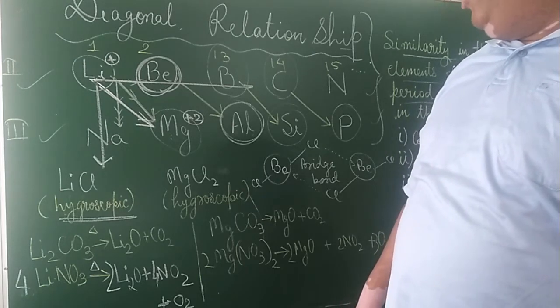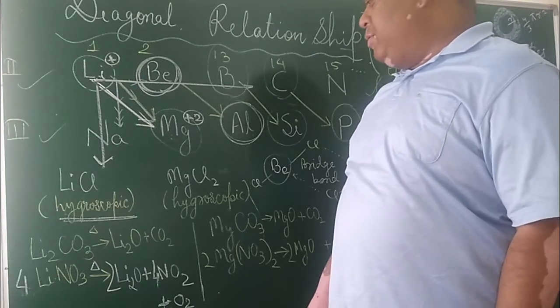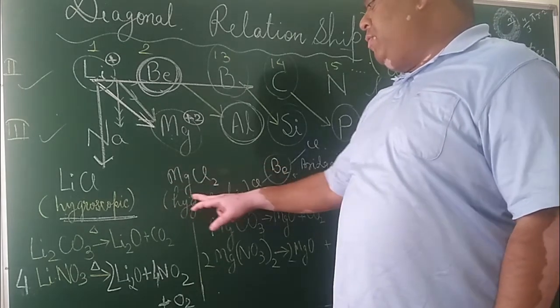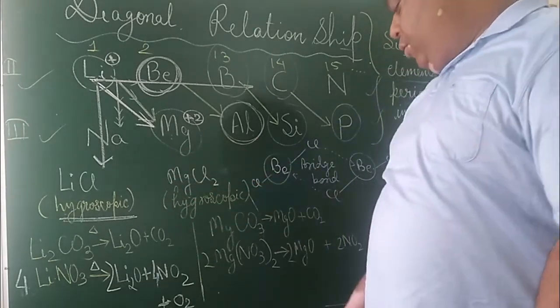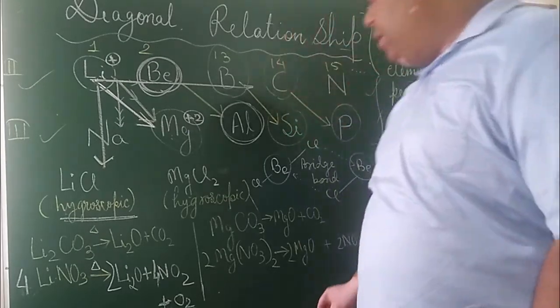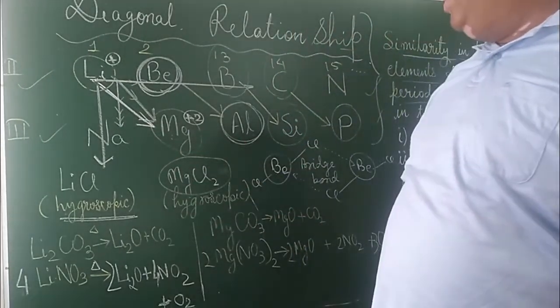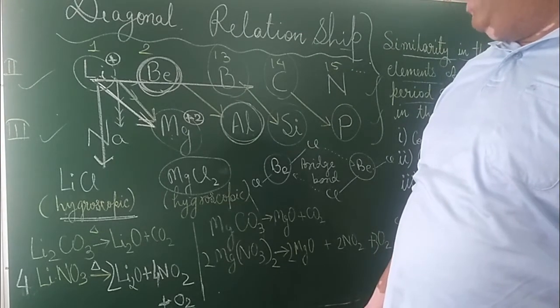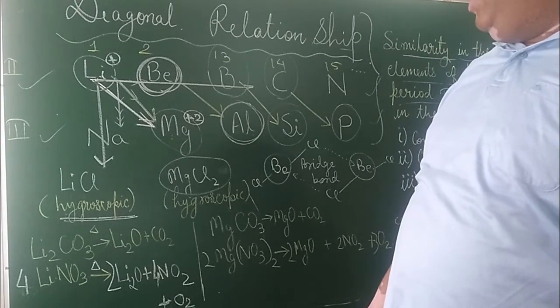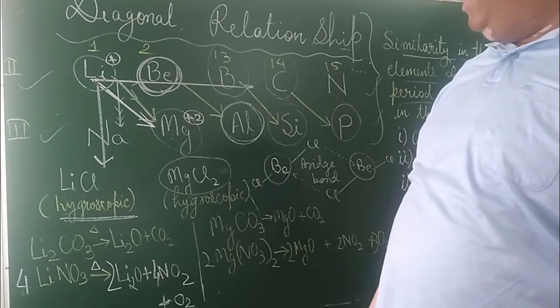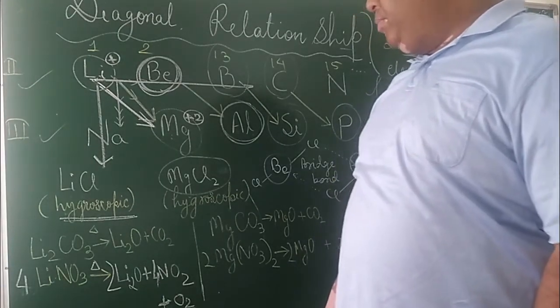Just like table salt, when kept on the dining table, it becomes wet. That is not because of sodium chloride, but due to the presence of magnesium chloride. Table salt contains traces of magnesium chloride, due to which it becomes wet during rainy season when kept open on the dining table or on a rack.